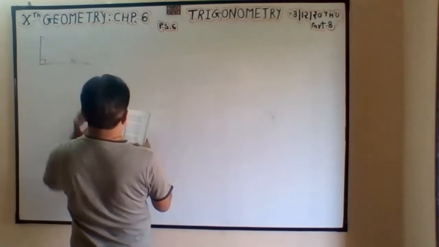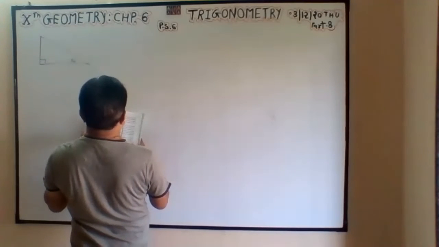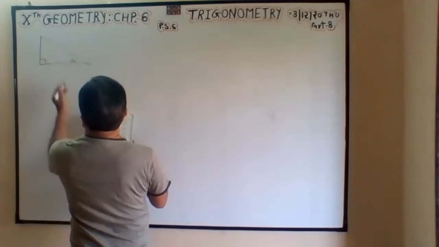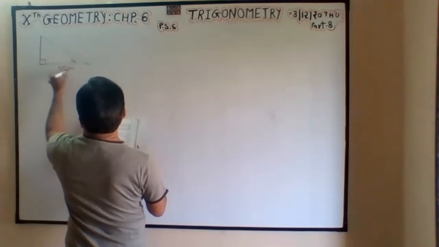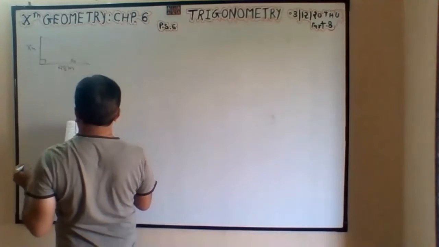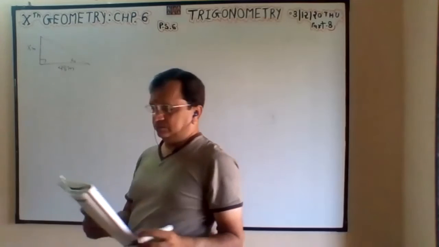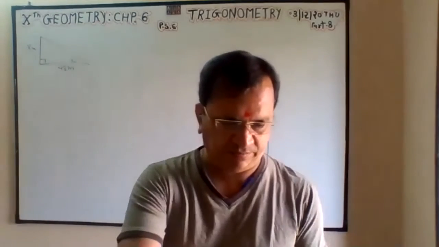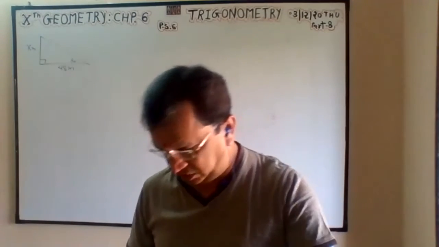Elevation 30 degree. At a distance 48 meter. The height of the building we have to find.